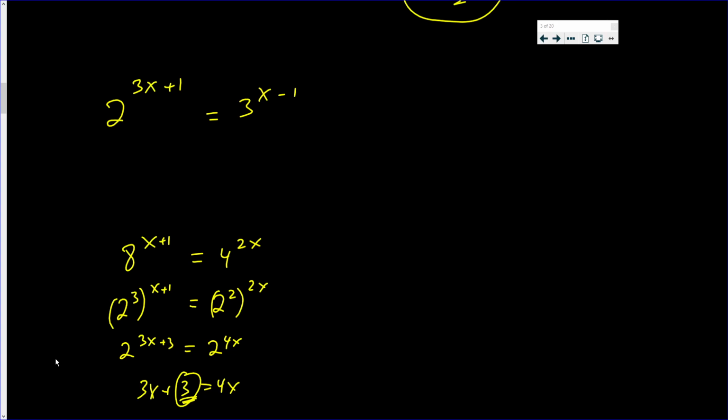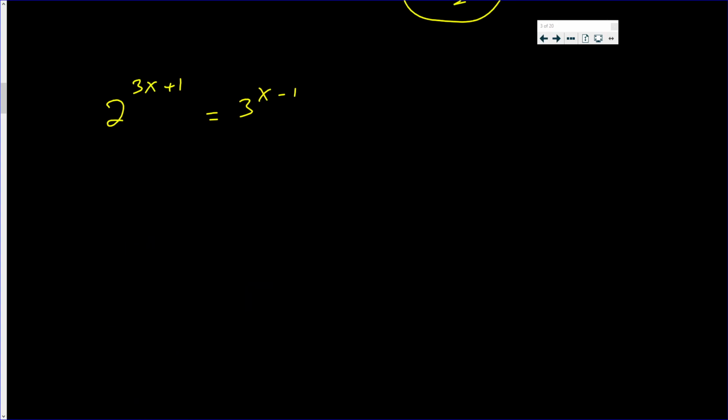But we can't do that in our case. 2 and 3, I can't write 2 nor 3 using the same power. So what I'm going to do is I'm going to take log or ln of both sides. The power comes in front, equals log of 3.